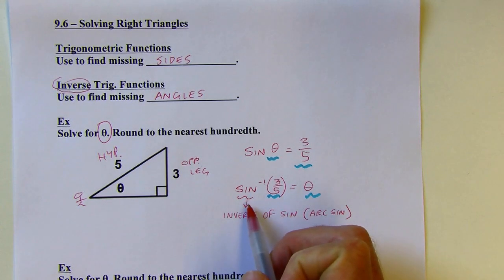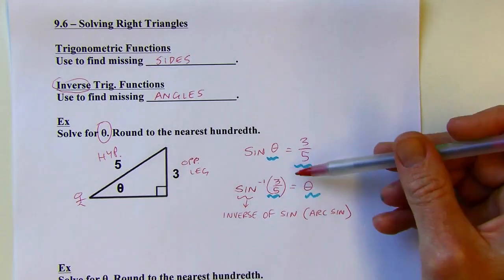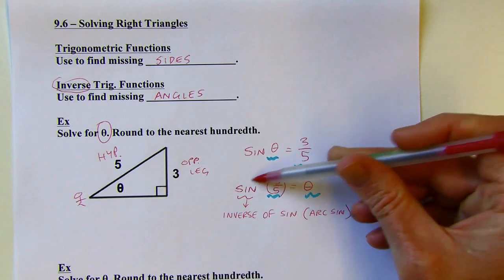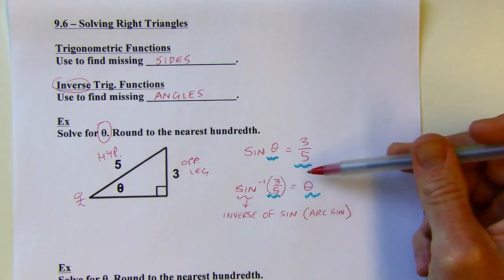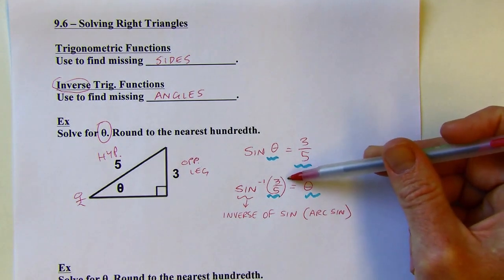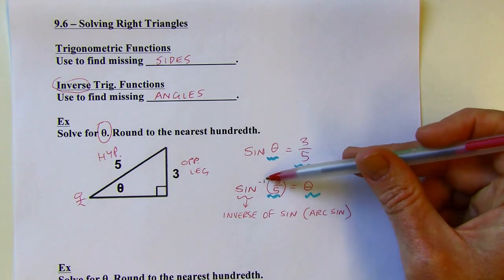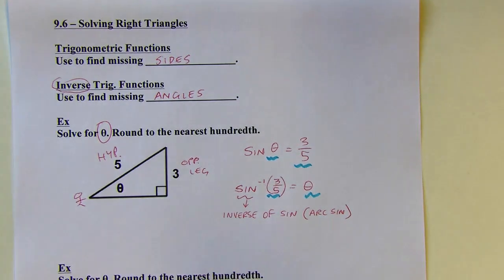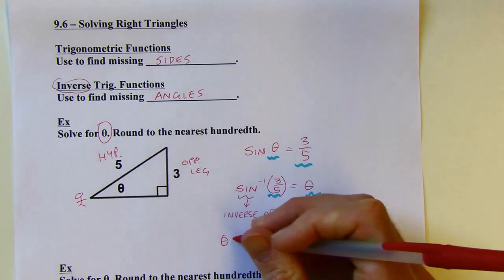That's not really the same thing. Notice we're not raising a number to the negative first. This is just a symbol for the inverse sine. Also notice we didn't put the -1 right there like you might think you would with a typical exponent. We're doing the inverse sine of 3/5, and now I've got something that I can put into my calculator.